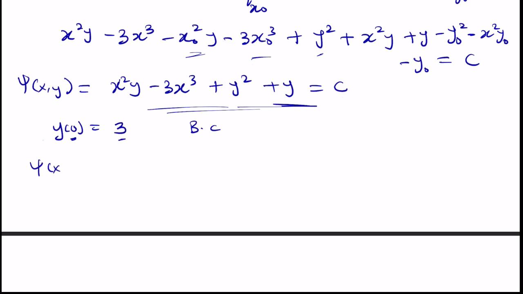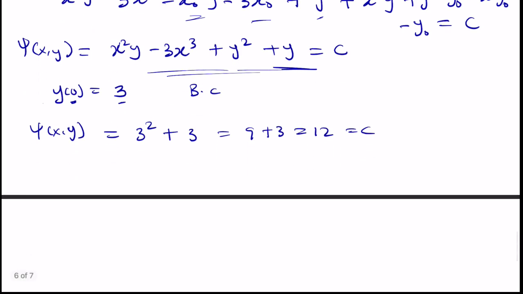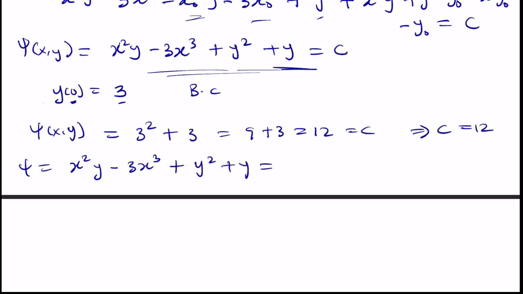So we have that psi of xy is equal to 3 squared plus 3, which is 9 plus 3, which is 12, which is equal to the constant. Therefore, the constant is 12, and our solution becomes psi is equal to x squared y minus 3x cubed plus y squared plus y is equal to 12.